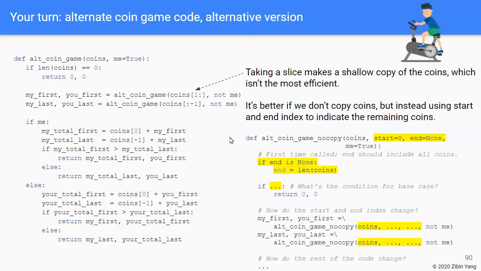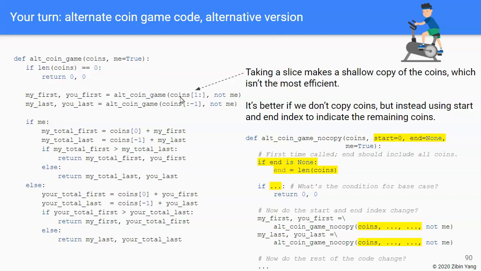And then one more coding challenge I have for you: notice in this version of the code, when we make the recursive call, we take a slice of the coins, right? And taking a slice is actually making a shallow copy. And making a copy is never efficient, especially if we have a lot of coins.